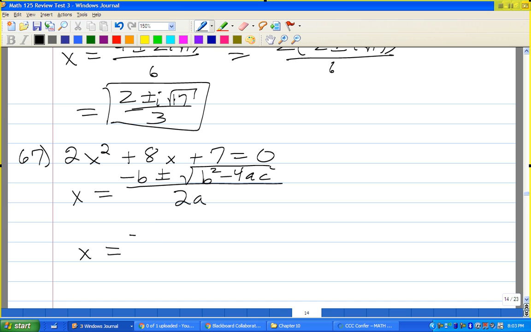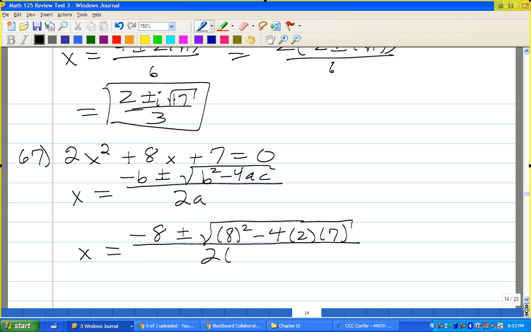So x is equal to negative b plus or minus the square root of b squared minus 4ac all over 2a.